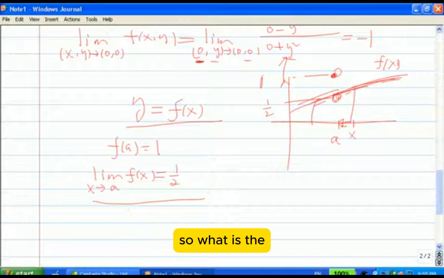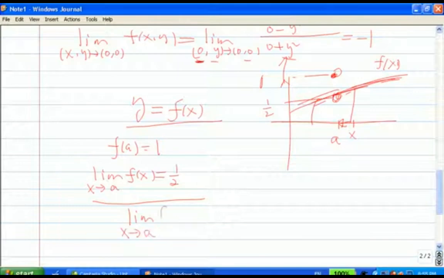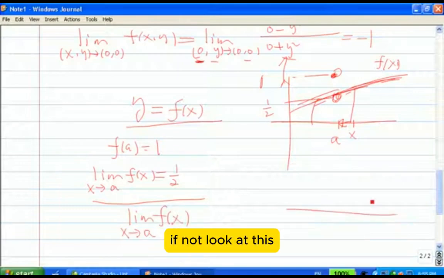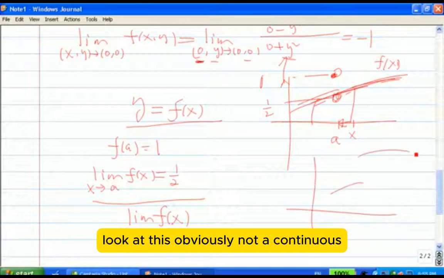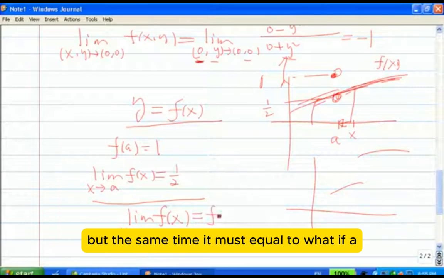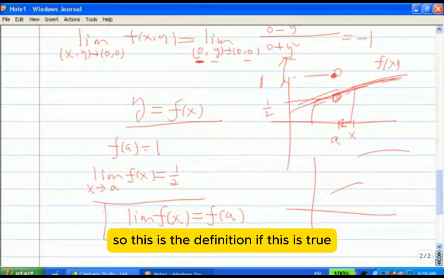So what kind of condition makes it continuous at a? First of all, the limit has to exist, right? If it does not exist, obviously not continuous. So the limit existing is important. But at the same time, it must equal what? f(a).